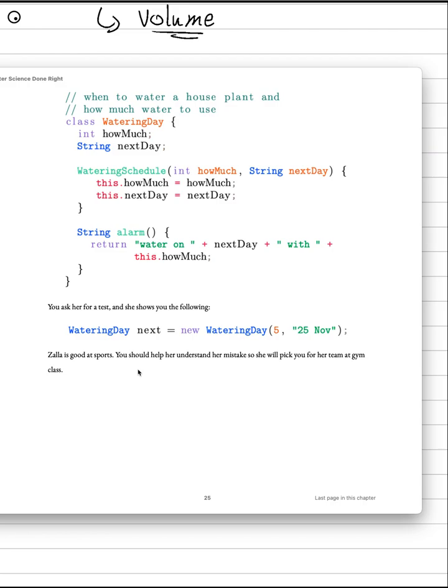So what's her mistake here? This is the question. Take a look at her code, go through the design recipe, and think about where she made a mistake, so that she can be your friend and she'll pick you for gym class.